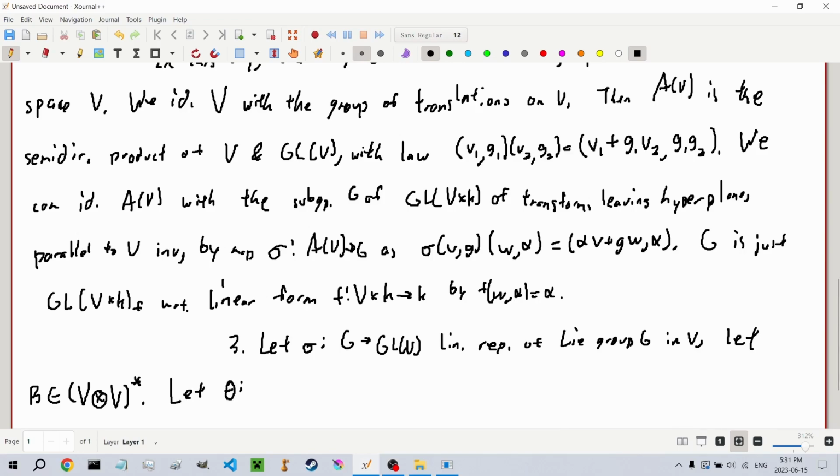We let theta be a map from GL V squared to GL of V tensor V as we saw before.